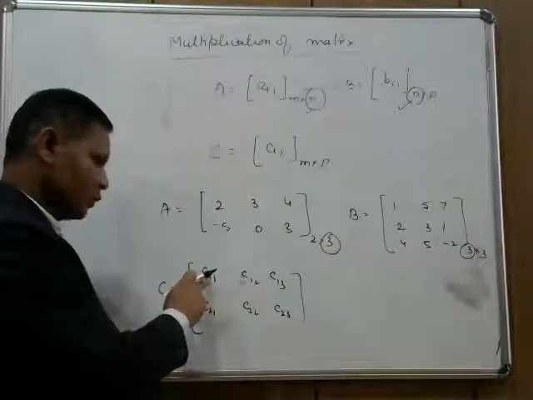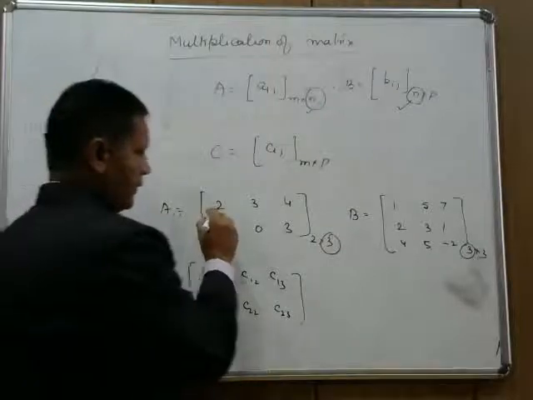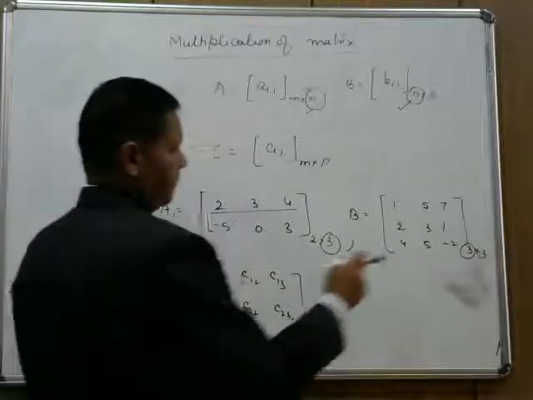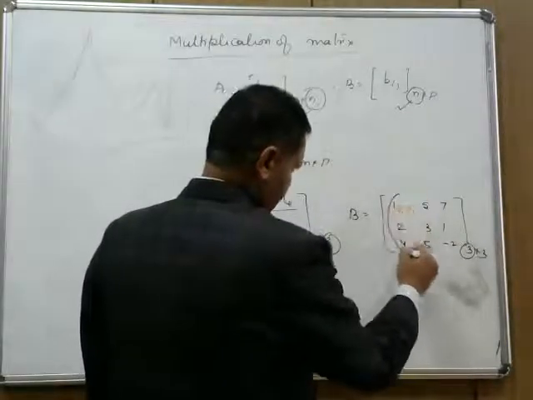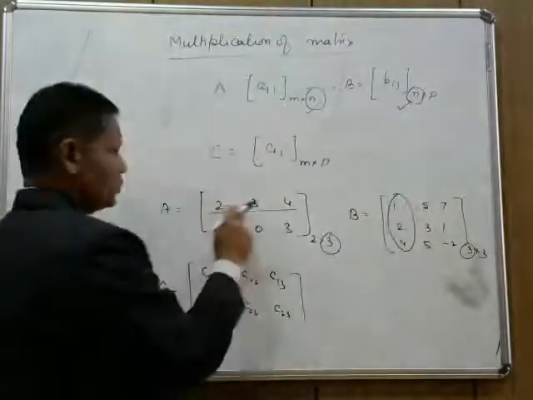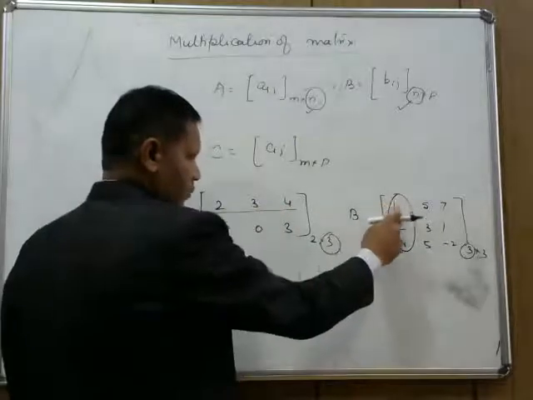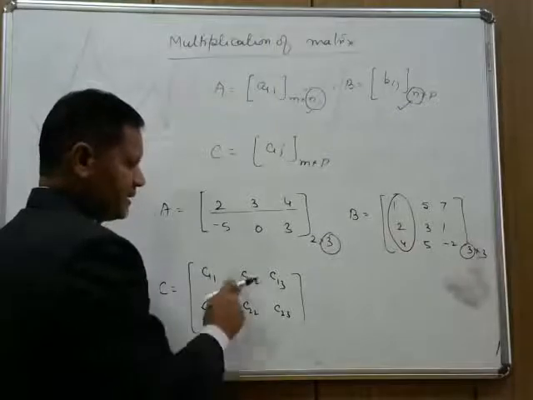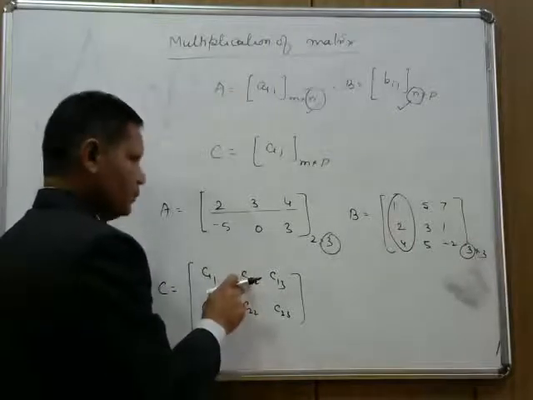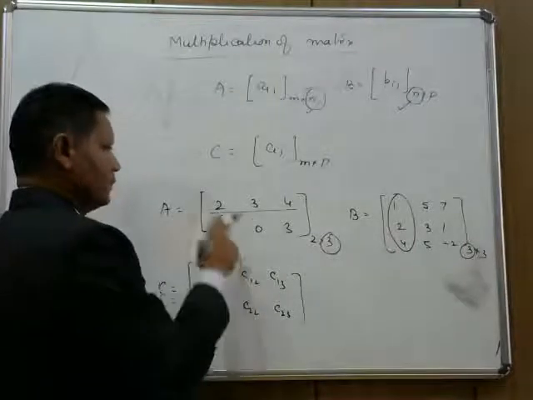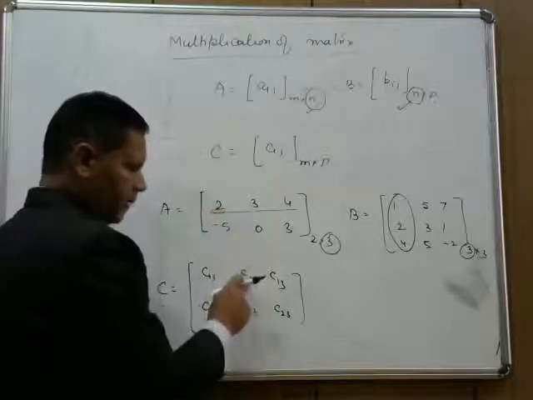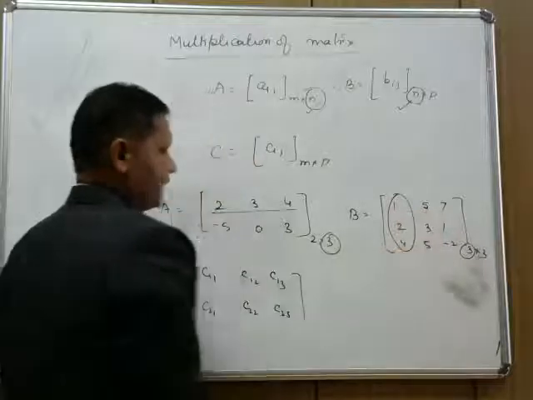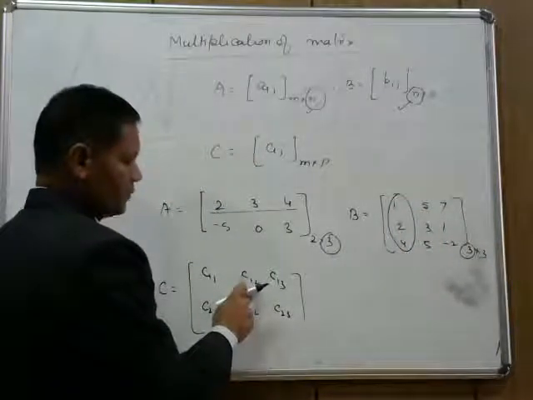The first row of A multiplied by the first column of B. 2, 3, 4 will be multiplied by 1, 2, 4, and their addition will be written here, C11. C12 means the first row of matrix A multiplied by the second column of B. That's why it is C12.